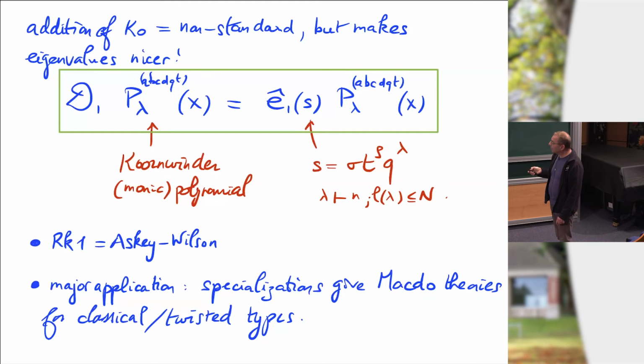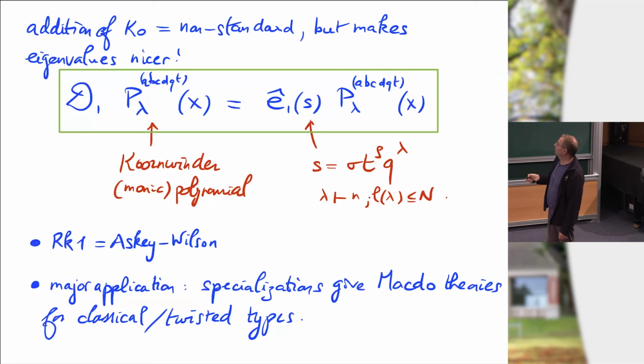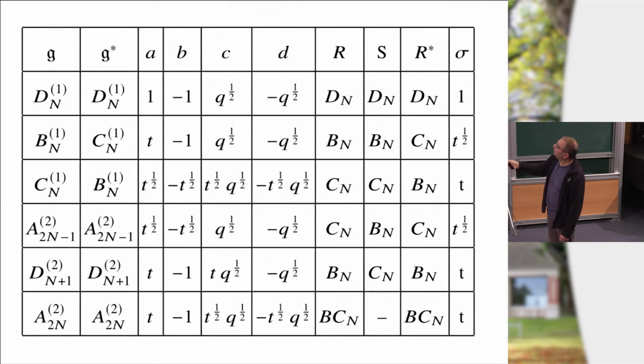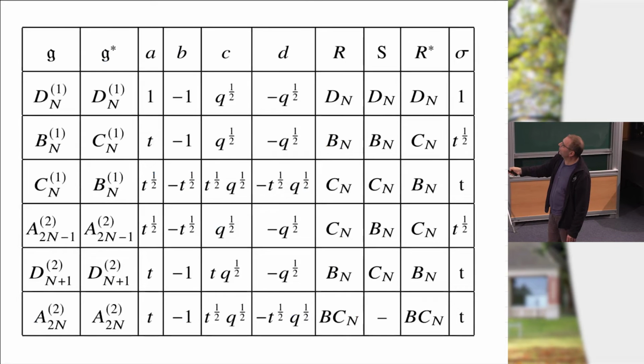Rank 1 is Askey-Wilson, and the major application, as I mentioned, is that it specializes this to Macdonald theories. So here is the table. So this is the label of a Macdonald theory, right? So we already did A n minus 1, so now we have B, C, D, and also for the same price, we get the twisted guys.